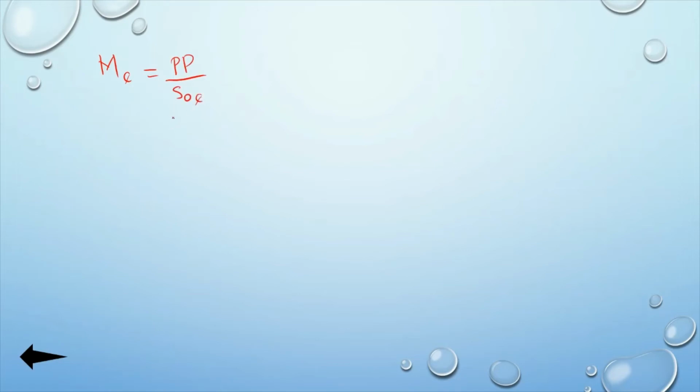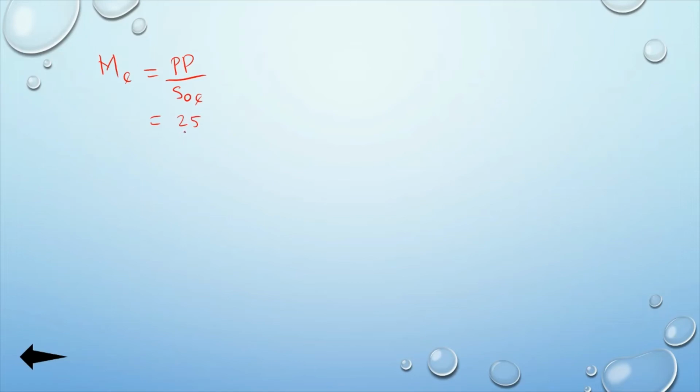In the magnifying glass equation, the equation is only PP over SO. But we use the symbol E here to show you that this is the distance of the first image from the eyepiece. So, we already consider that the person has a normal eye. So, PP equals 25 centimeter.